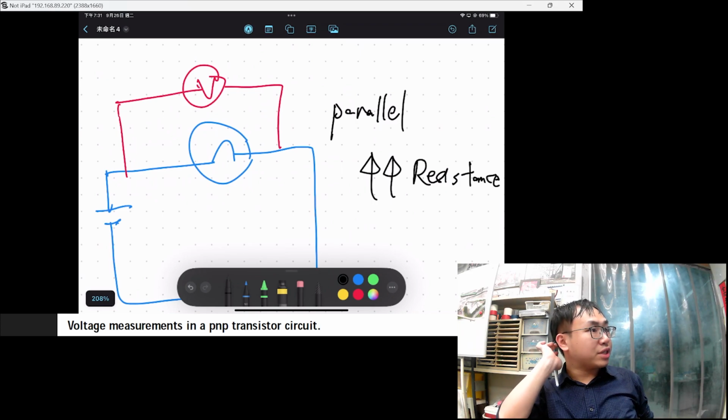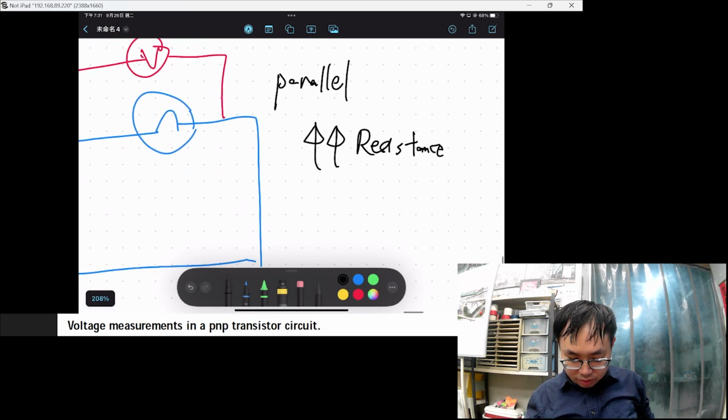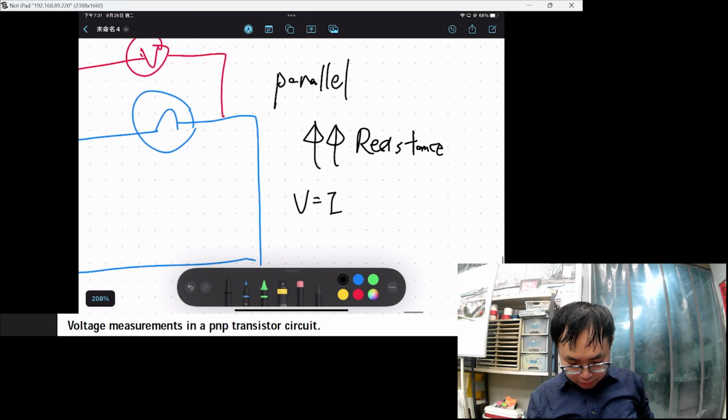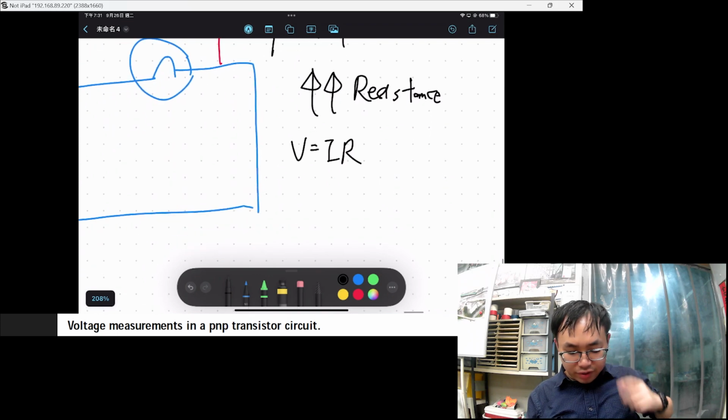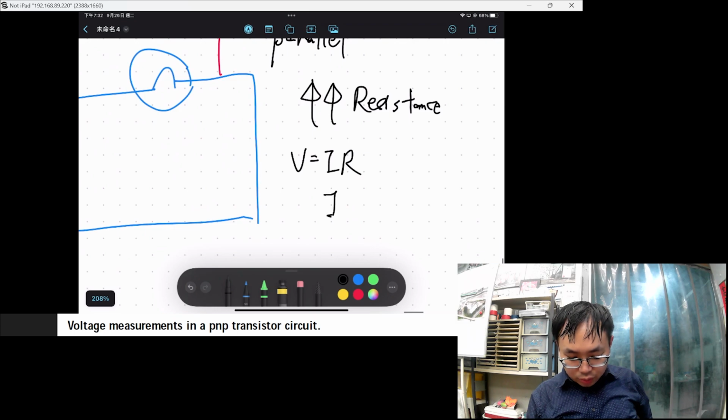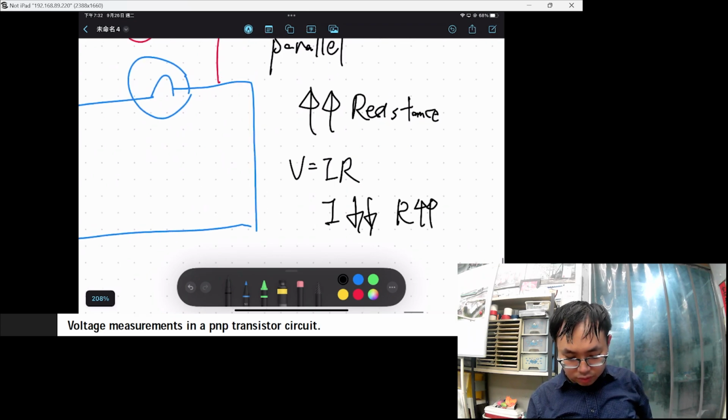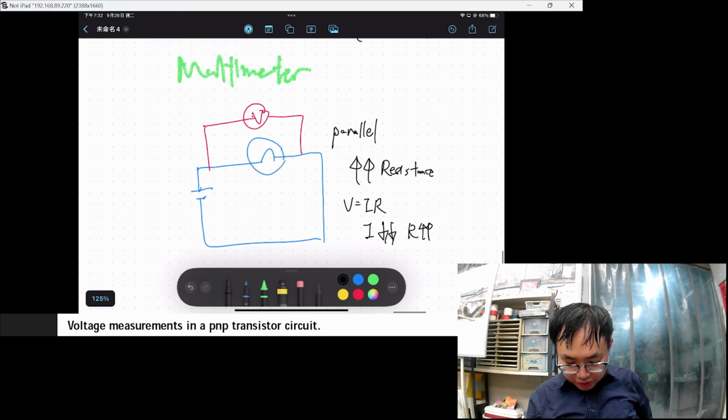Why do we have a high resistance? It's because we still remember V equals IR. If we have a constant V and a very high resistance, the current will decrease. Right? So this part will consume very low current.